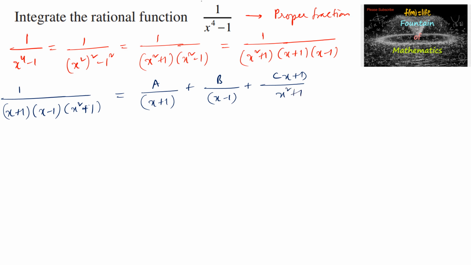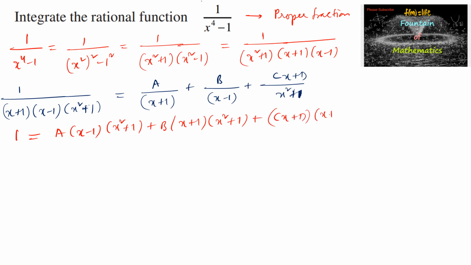X square plus 1 is an irreducible factor, so we can write the numerator cx plus d. Now we can also write 1 is equal to a times of x minus 1 into x square plus 1 plus b times of x plus 1 into x square plus 1 plus cx plus d times of x plus 1 into x minus 1.